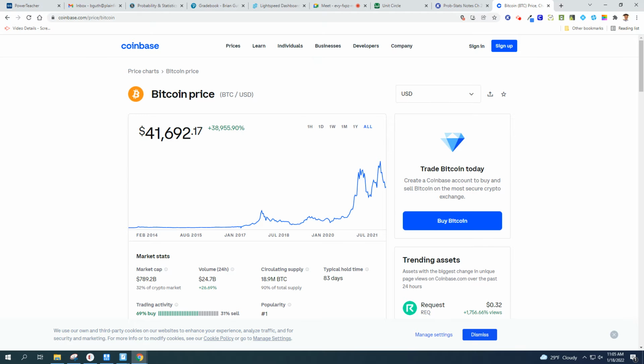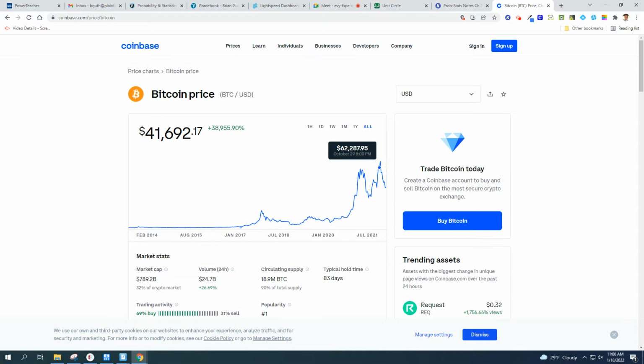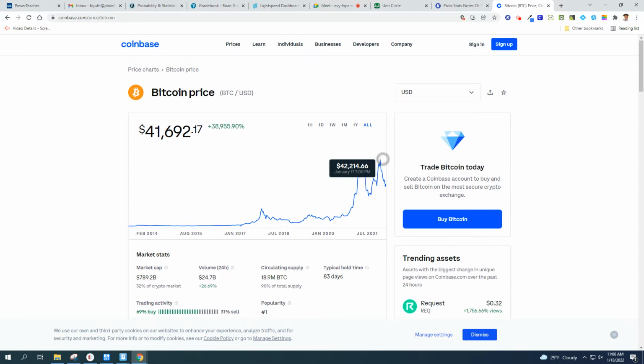If you look at this graph, way back in 2015, the price of one Bitcoin was $342, but at its highest point, it's $69,000. So it's gone up from 423 or something to $69,000. It looks like it's trending up.